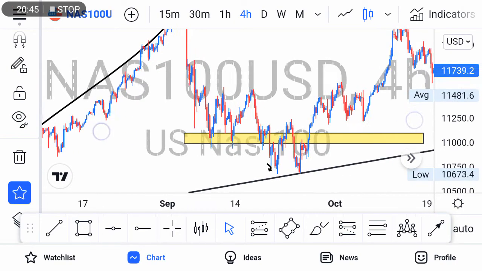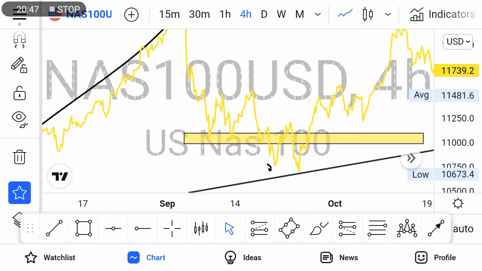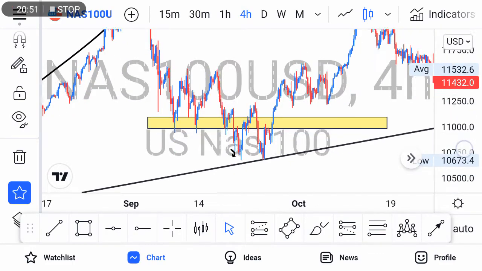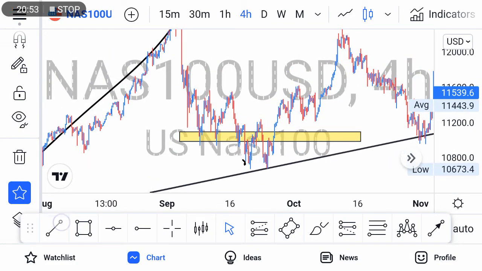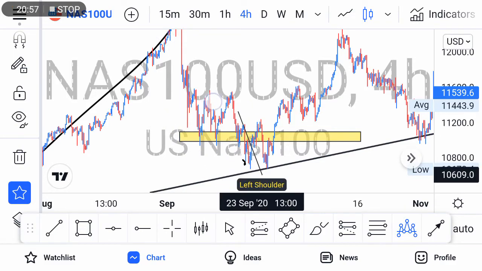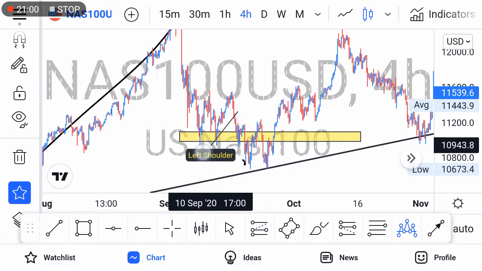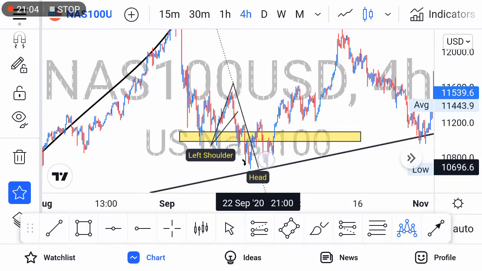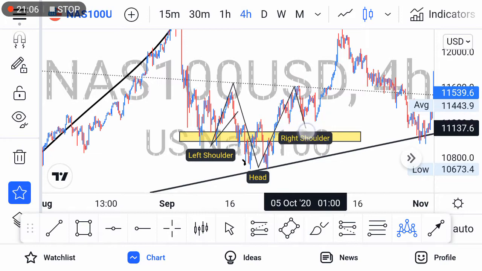So you see now our head on a 4 hour is a double bottom. This is our left shoulder. This is our head. And this is our right shoulder.